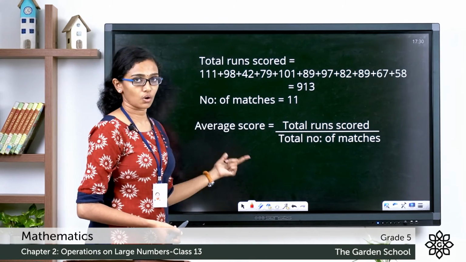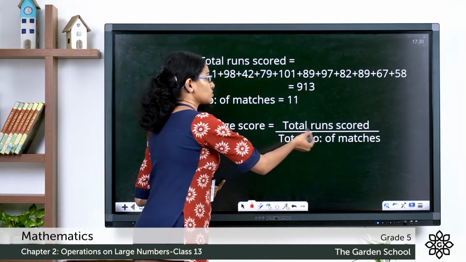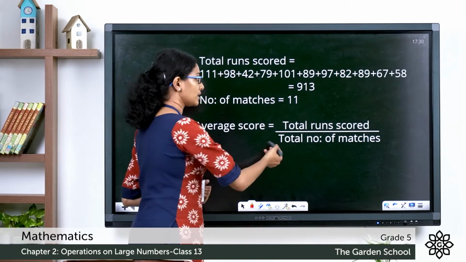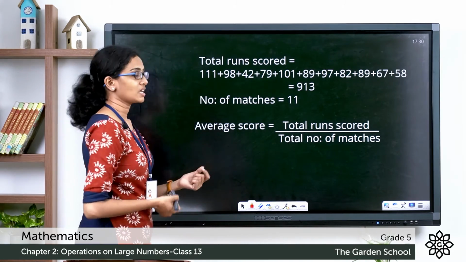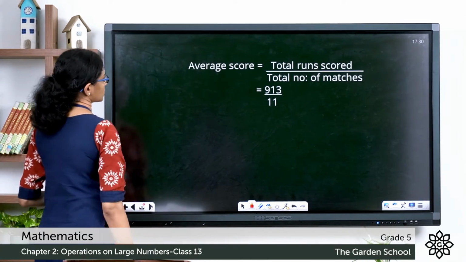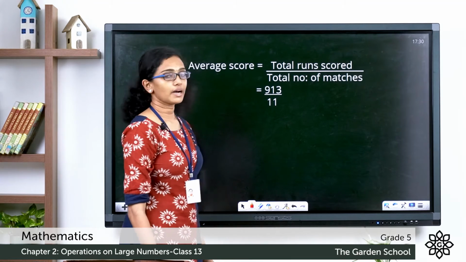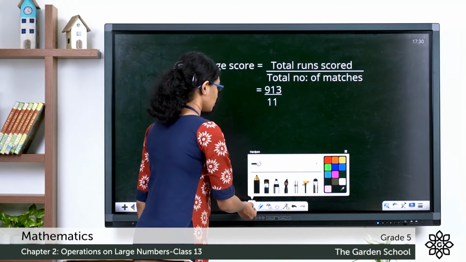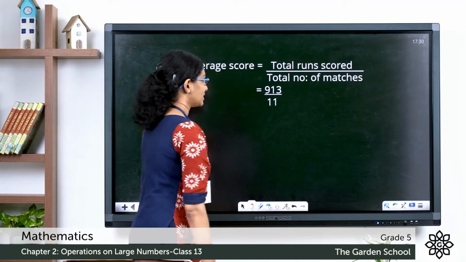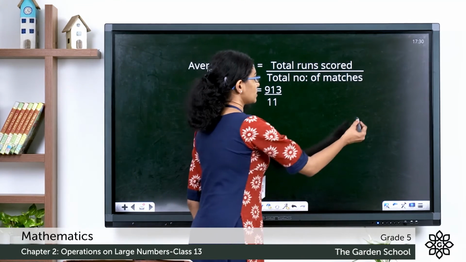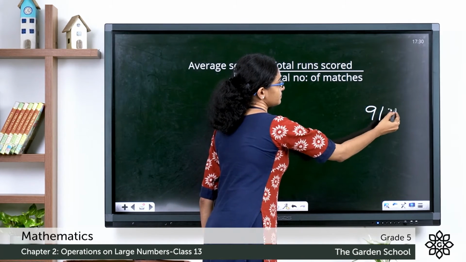So the average score will be equal to the total runs he scored divided by the total number of matches. Now let's substitute the values. That will be equal to 913 divided by 11. Now let's do the division and find out the average score. We can do the calculation in the working column.